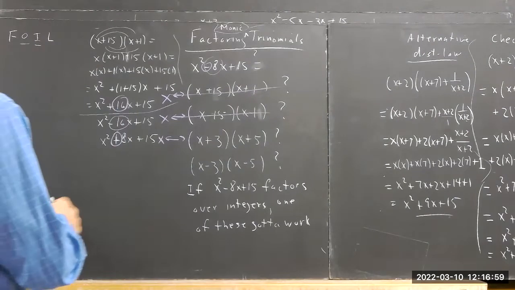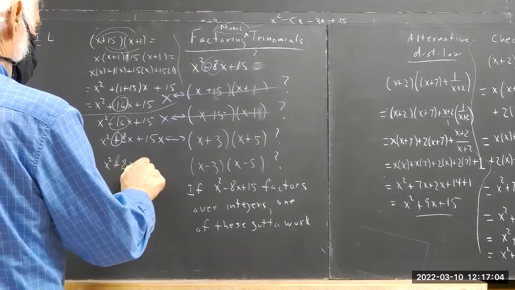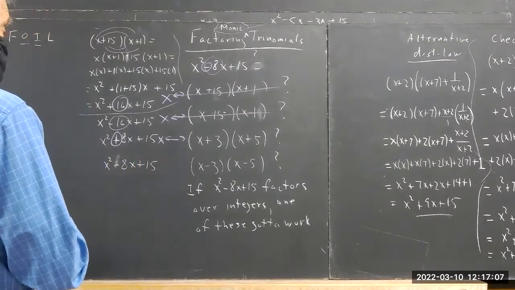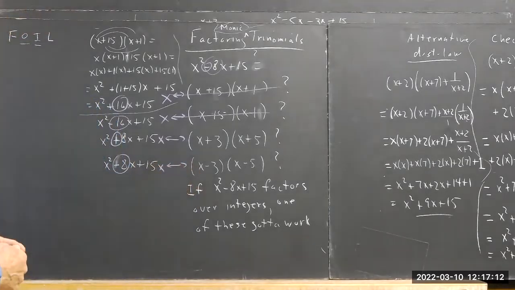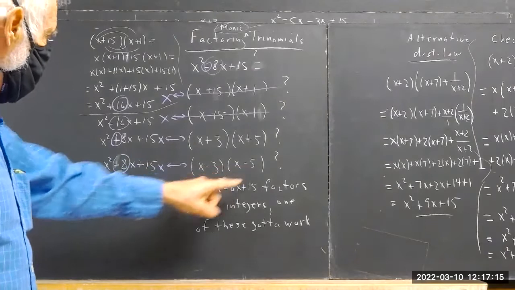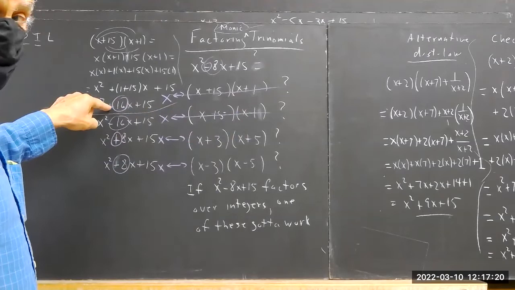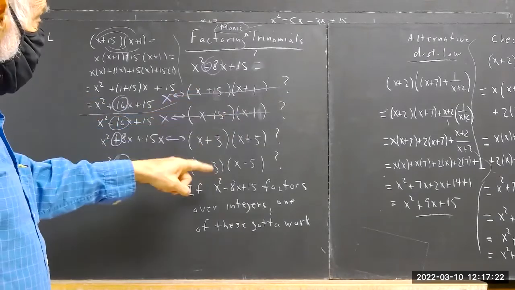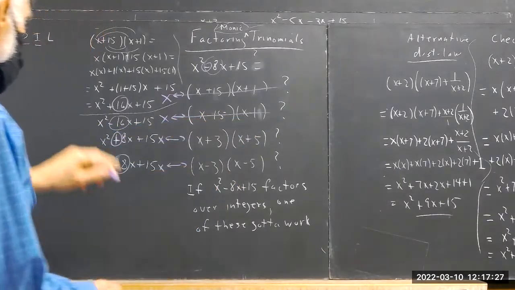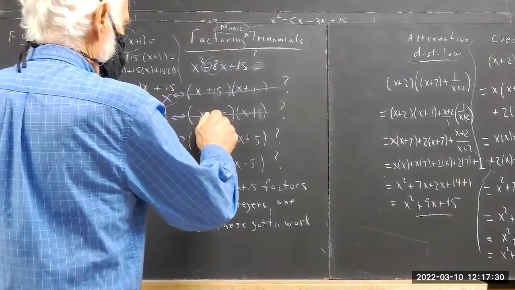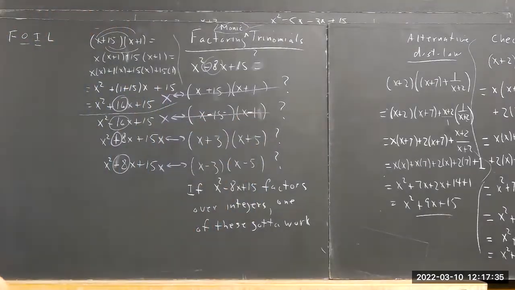But this one, which I intentionally saved for last, you want to make sure you understand why this works. The bottom line is that the -3 and the -5 add up to -8, just like the 15 and the 1 added up to our 16 here. And if you work out the distributive law, you see why the -15 and the -1 add up to -16. You see what I was crossing out.